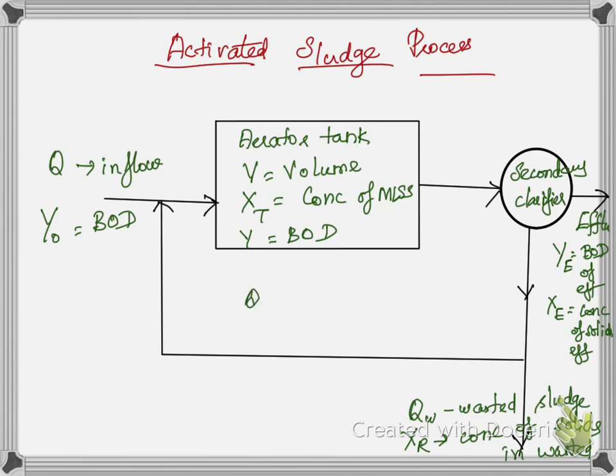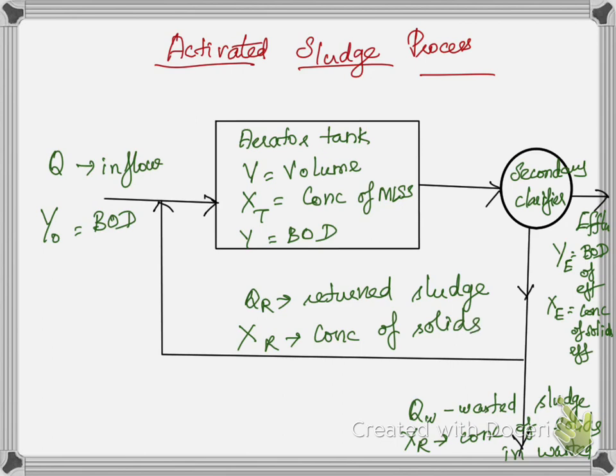Take QR to be your returned sludge. Around 30 to 40% will be returned. Let XR be the concentration of solids in returned sludge. Let this be returned activated sludge, which I will write as RAS. Let this be WAS, that is wasted activated sludge.